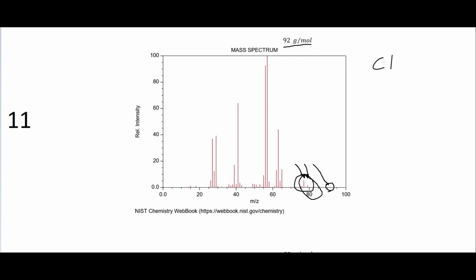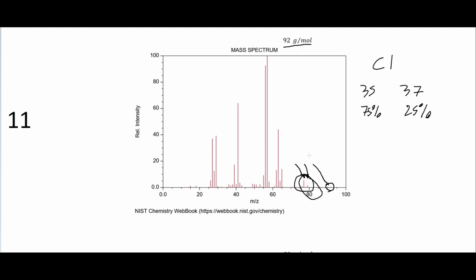So remember, the hallmark of a chlorine is that it has an isotope that is 35 and one that is 37, and about 75% of them are the 35 and about 25% of them are the 37. And so we will have an M plus 2 peak that is about a third the size of our M plus peak.